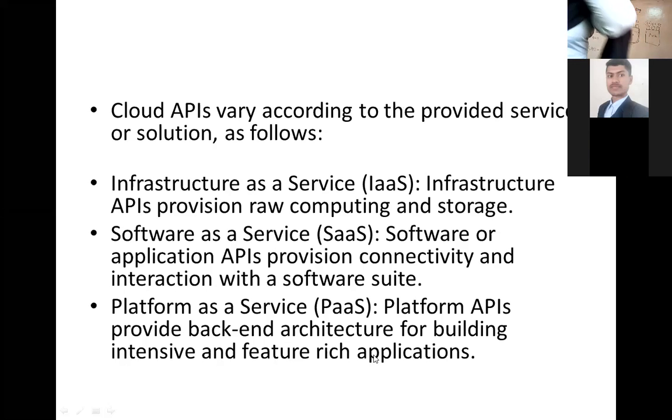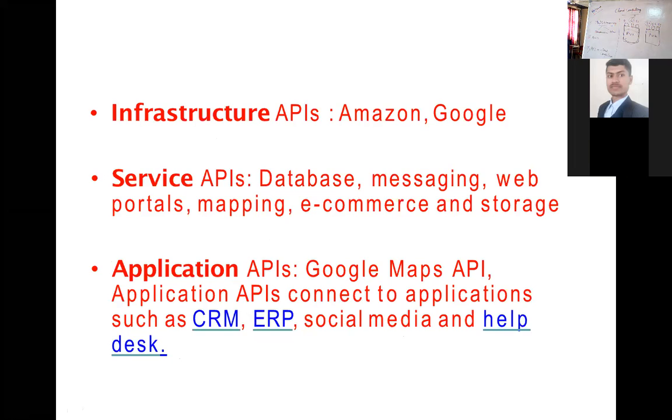In case of infrastructure, APIs provision raw computing and storage. In case of software as a service, it provides connectivity and interaction with the software suite. In case of platform as a service, it provides platform APIs for providing backend and architecture for building intensive and feature-rich applications.